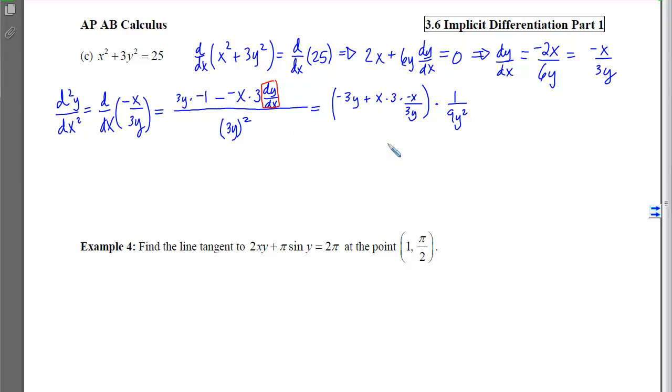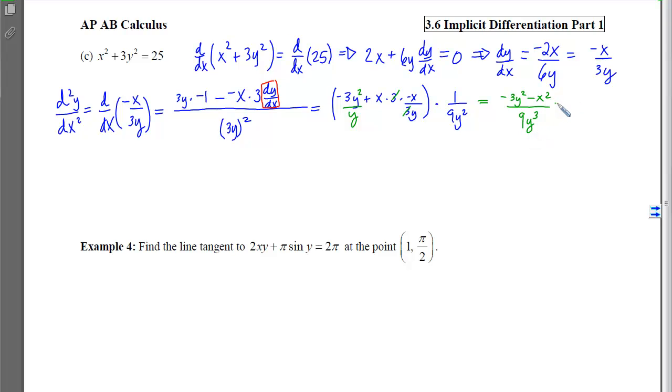If I look here now, I can see that these 3's will cancel, and I can get a common denominator by multiplying by a y over a y. So if I combine my tops, I can see that I have a negative 3y squared minus an x squared. And on the bottom, I have a y times a 9y squared.